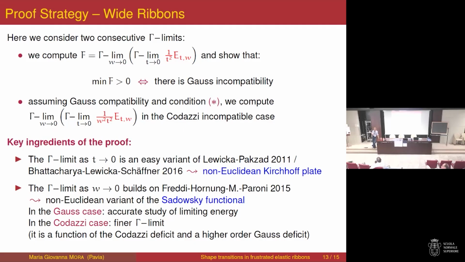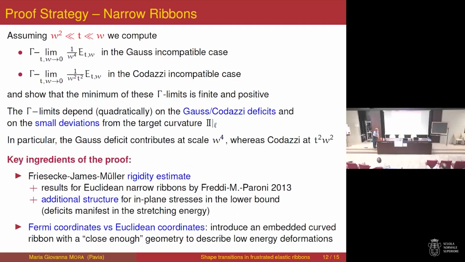Yeah, I understand. So I actually never thought about the behavior as L tends to infinity, but our energy is always divided by L. For instance, in the narrow case, when we look at the gamma limits, this is a quadratic function of the Gauss or the Codazzi deficits. And then we have some small deviations from the target curvature that, when you minimize, are always equal to zero.